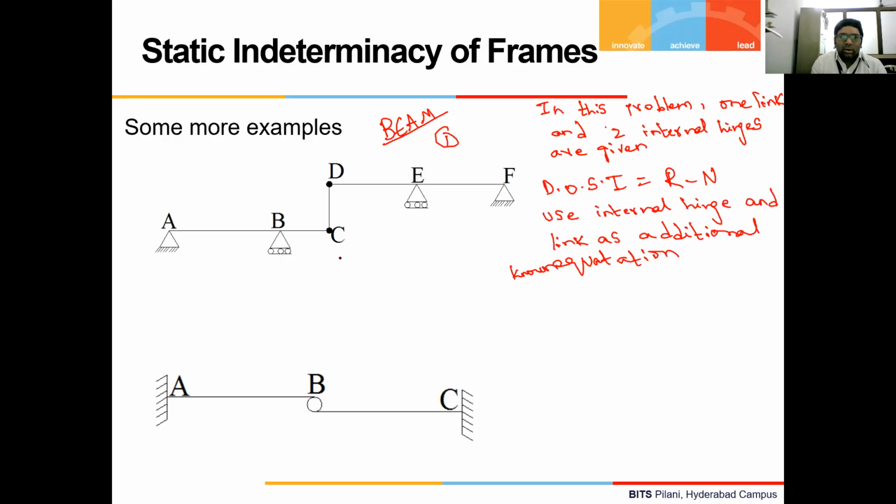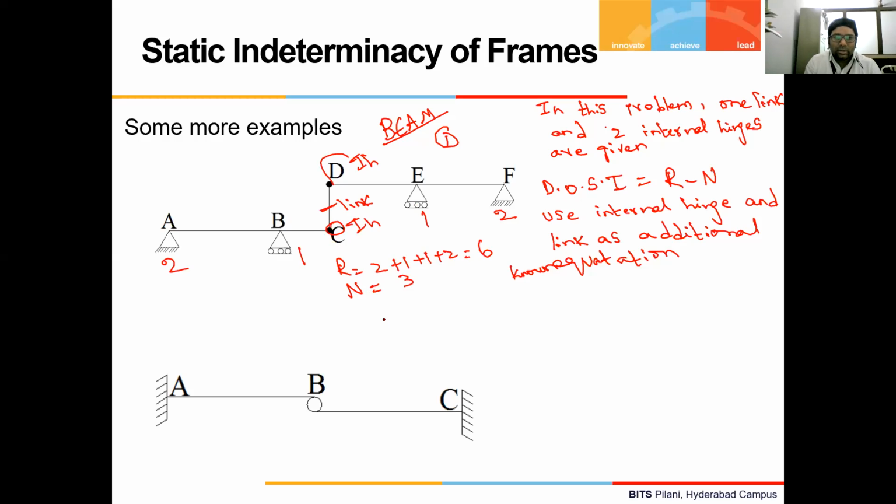So what will happen now? See here 2, here 1, 1, 2. So R is equal to 2 plus 1 plus 1 plus 2. How much? 6. N is equal to 3. Number of equations of equilibrium are 3. But if you see the problem, this is actually a link, and this is an internal hinge.